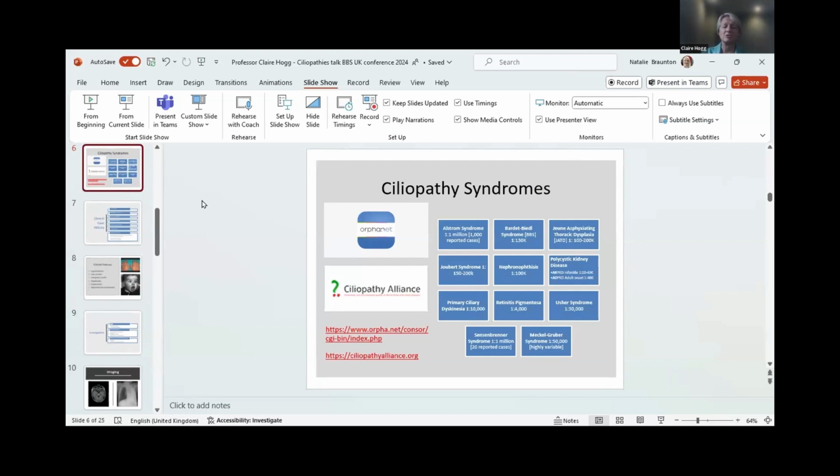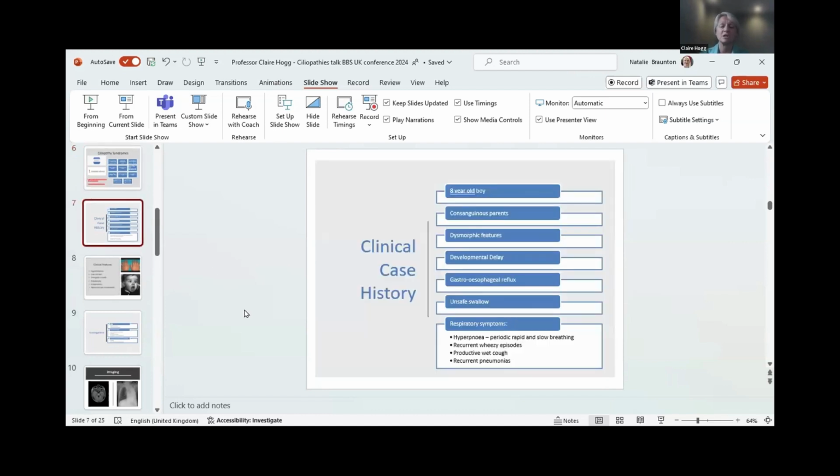I thought it would be better to use a patient with a different primary ciliopathy who would have a very similar presentation in terms of the diagnosis and what we find within the respiratory cilia.